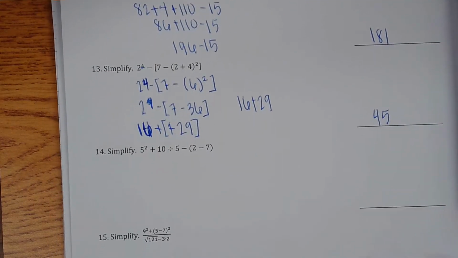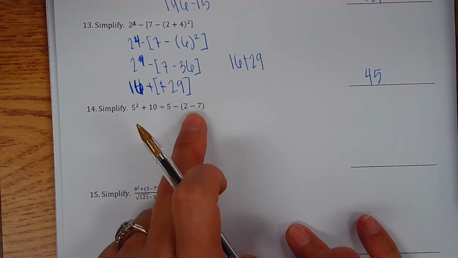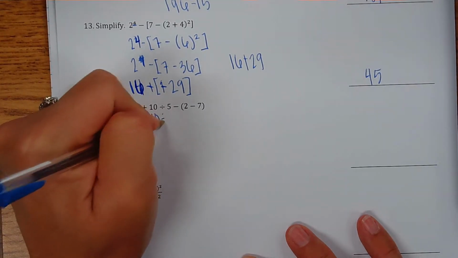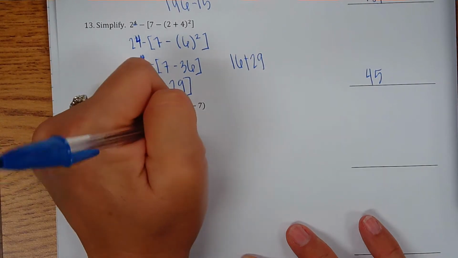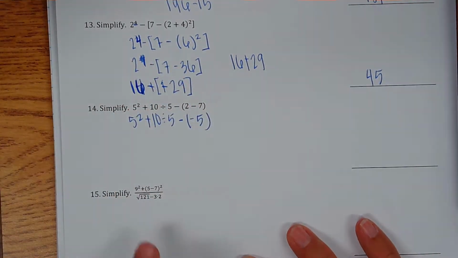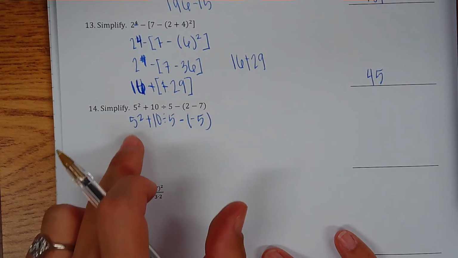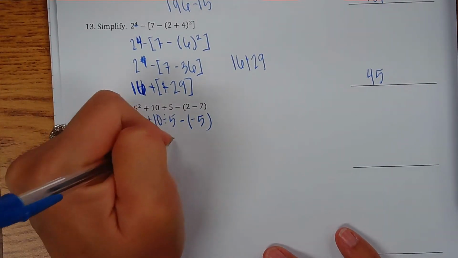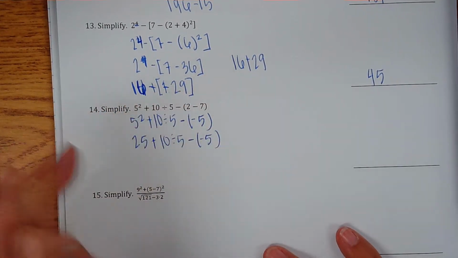Okay, let's keep up with the magnificent order of operations. We are going to do 5 squared plus 10 divided by 5 minus, and 2 minus 7 would be negative 5. Okay, so again, we're going to follow our order of operations. Exponents is first, so 25 plus 10 divided by 5 minus negative 5.